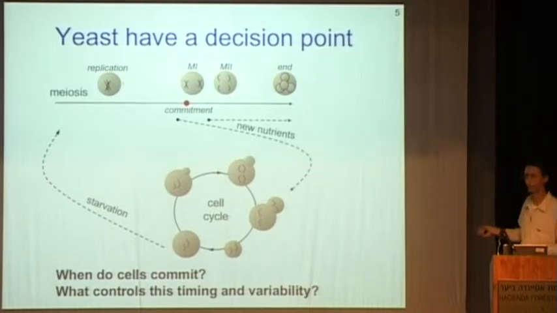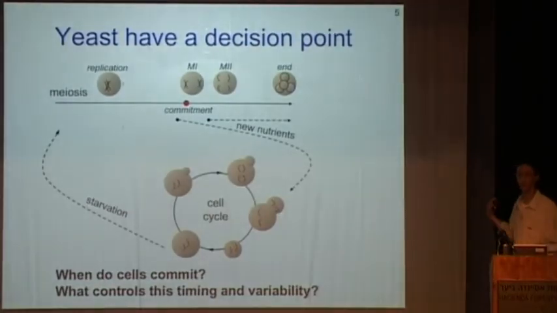So without going into too many details, a yeast cell, as long as it sees food, rotates happily in the cell cycle. But when it senses starvation, it can go into this emergency program called meiosis and sporulation, which can save it from bad times.